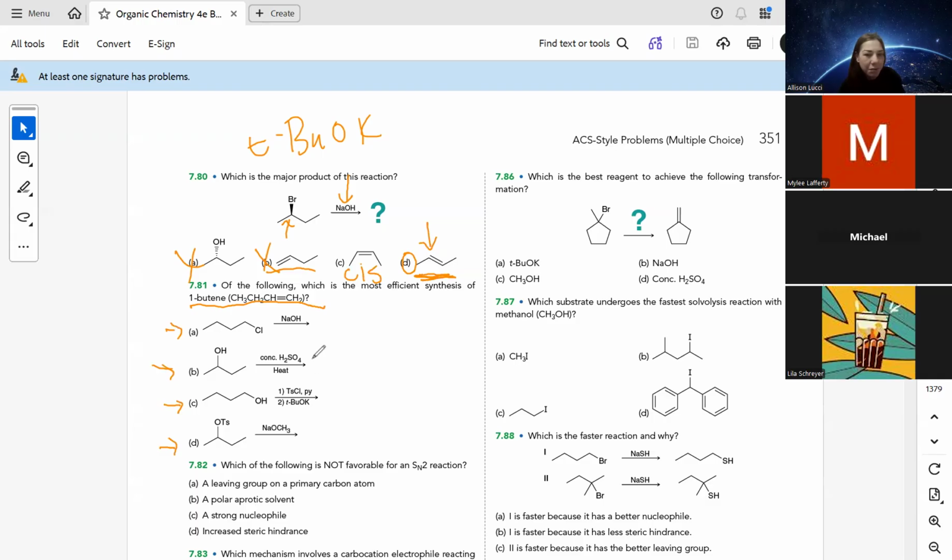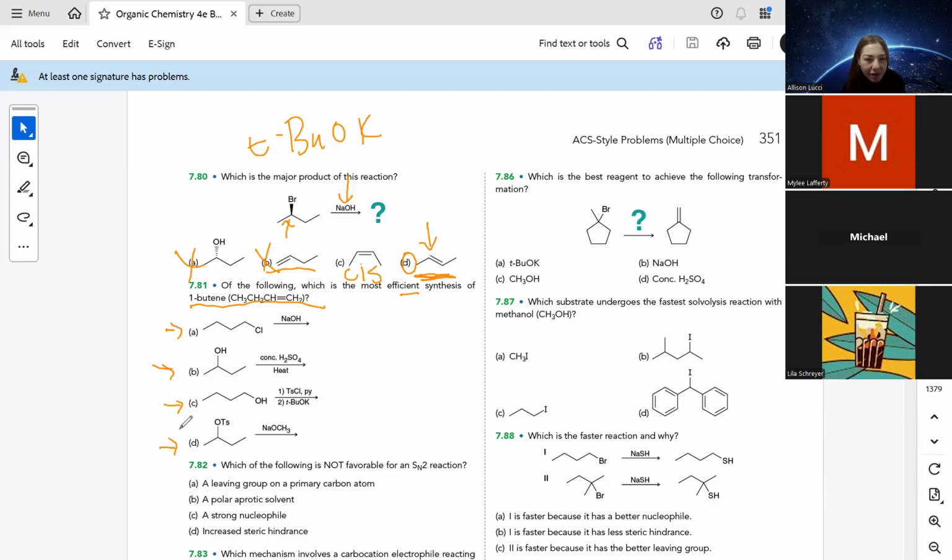So the most efficient synthesis means the one in the least amount of steps. All the problems that you see regarding synthesis on the exam will generally be 1 step, maybe a 2 step maximum. They're not going to be 10-step syntheses because those problems take quite some time.